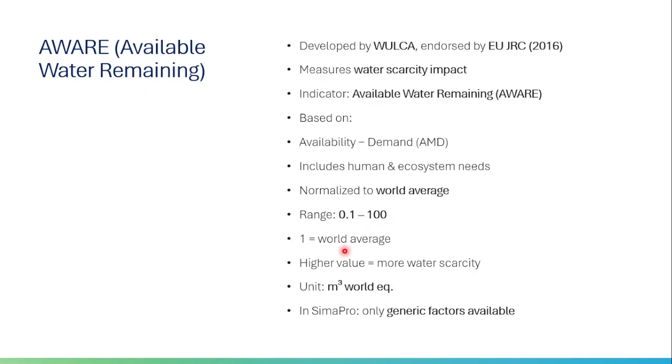In the SimaPro software, only generic water use factors are available. The range is between 0.1 and 100, and the world average is equal to one unit. A higher value in this range means more water scarcity, and the unit is cubic meter world equivalent.